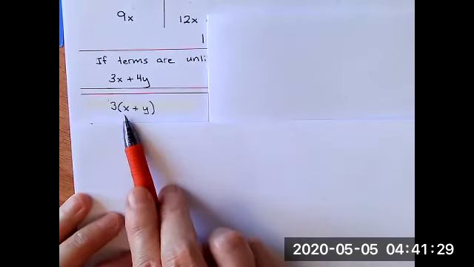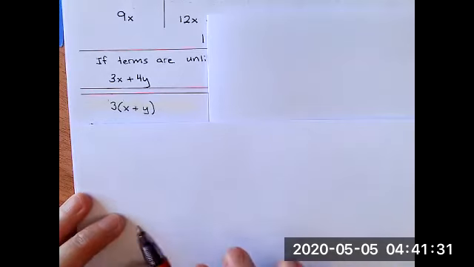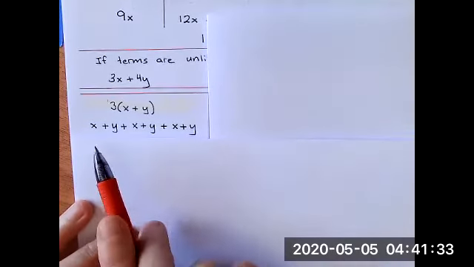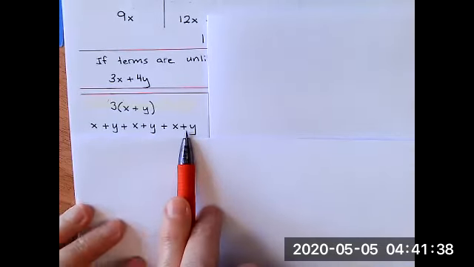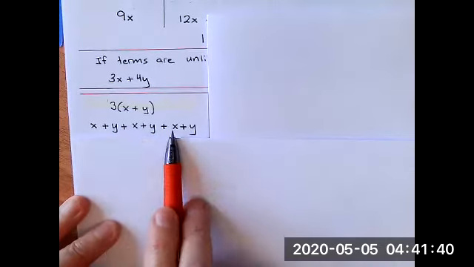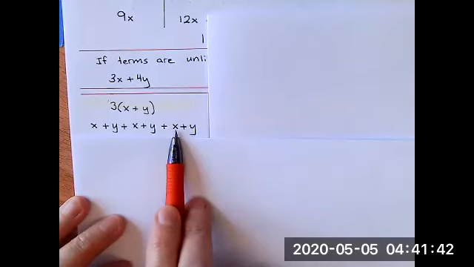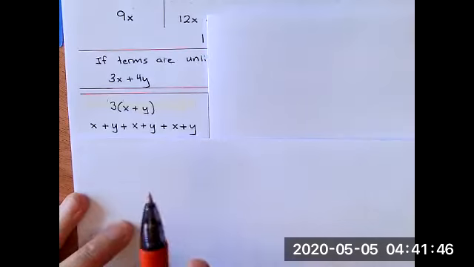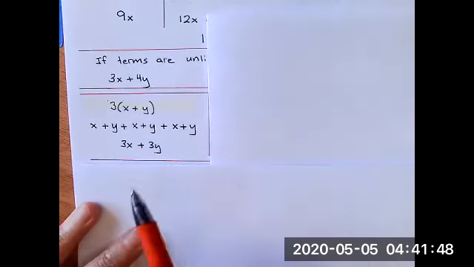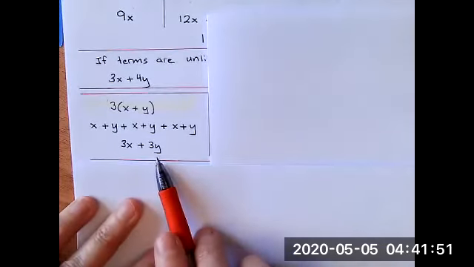So 3 times the quantity of x plus y is x plus y 3 times. Well, x and x and x make 3x, y and y and y make 3y. So we get 3x and 3y.